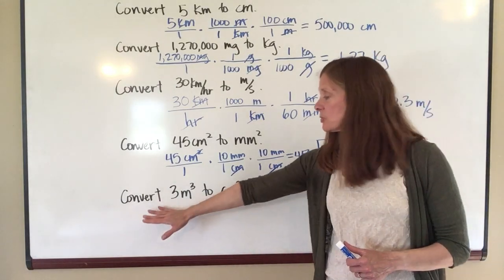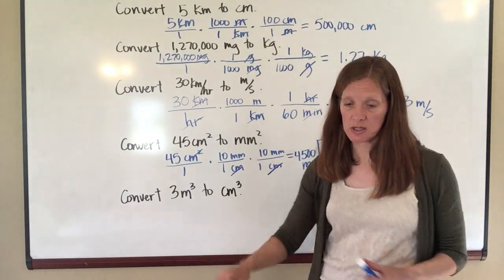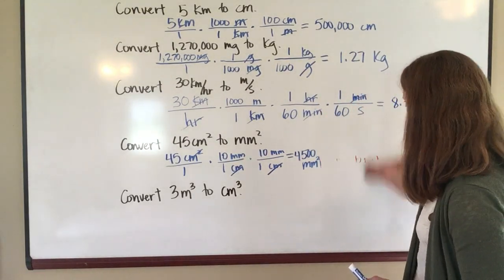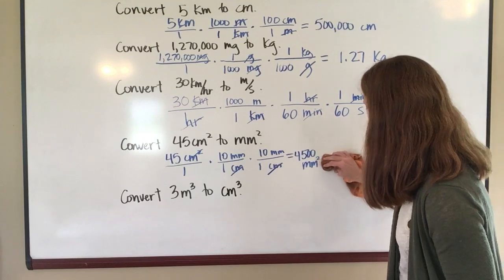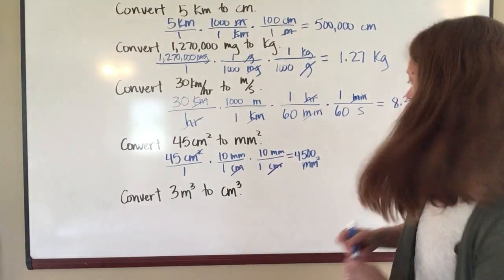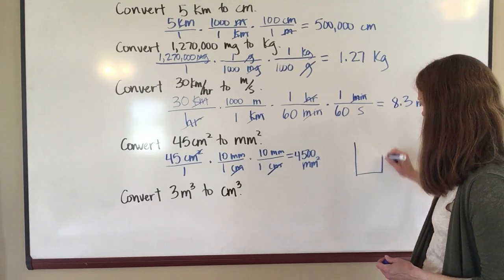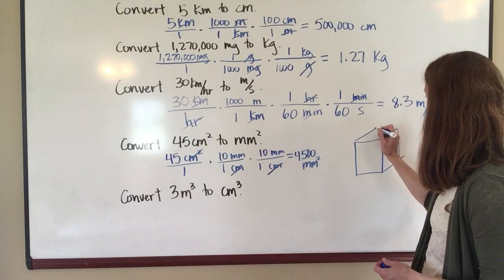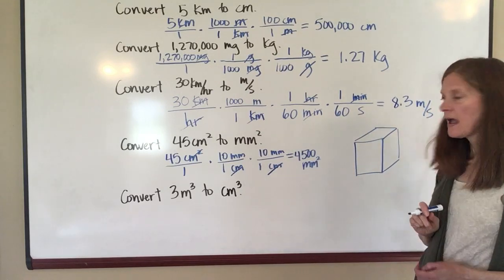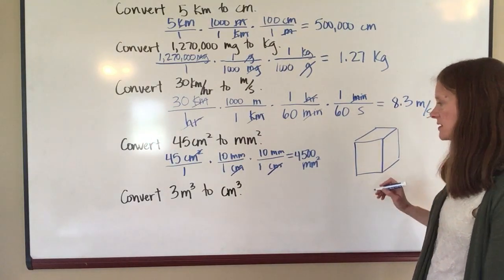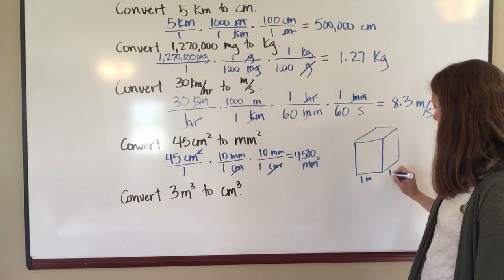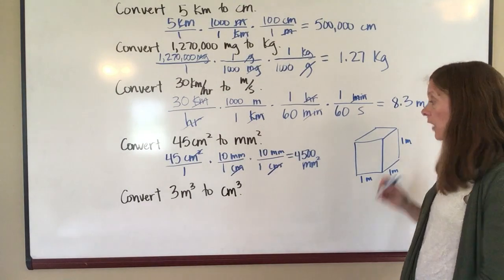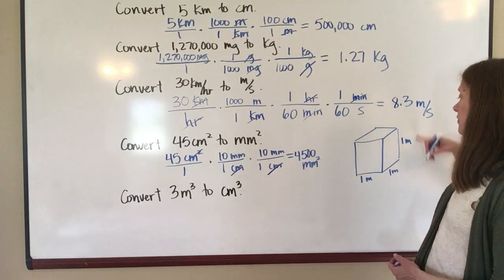Okay, this one down here, I'm using cubic units. And so if I do something similar here to show you what the difference is, if I have a box, and we'll see how good I am at drawing boxes here. If I have a box, and my box is 1 meter by 1 meter by 1 meter, the volume of a box is the length times the width times the height.